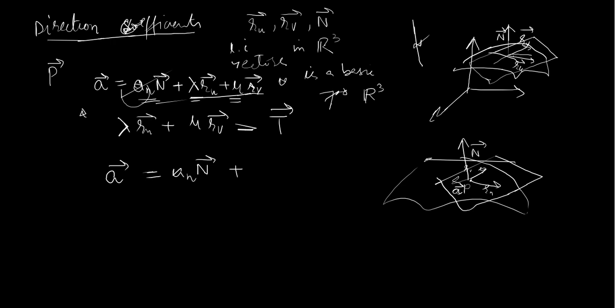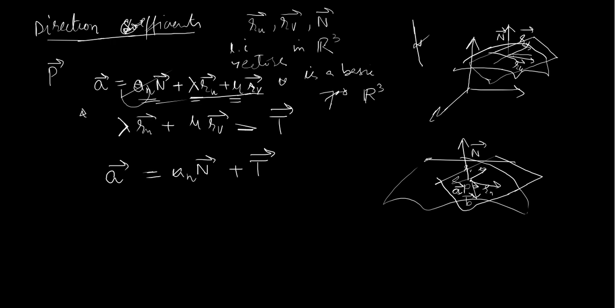since it lies in this plane, its normal component would not be what I'm trying to say is this. These lambda and mu would be different for any direction in the tangent plane at this point.